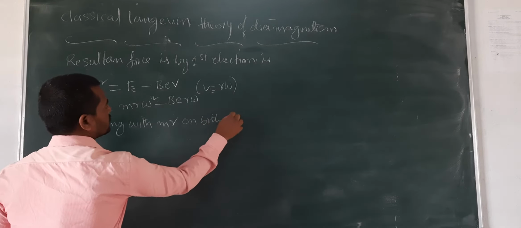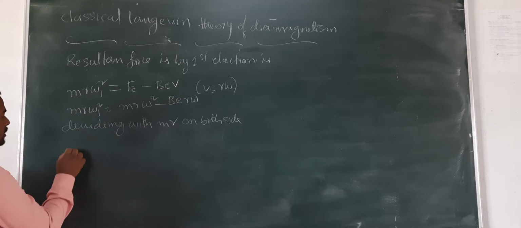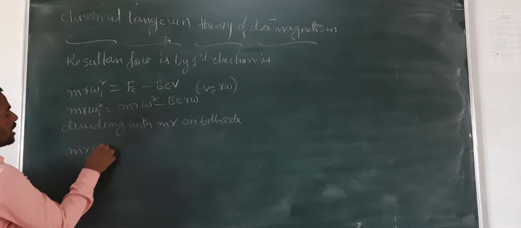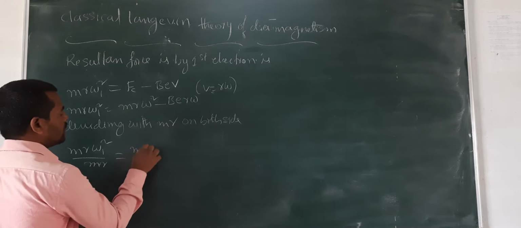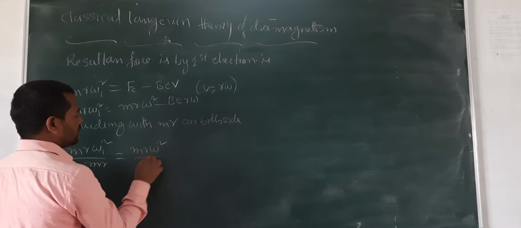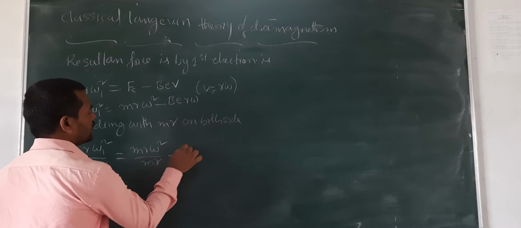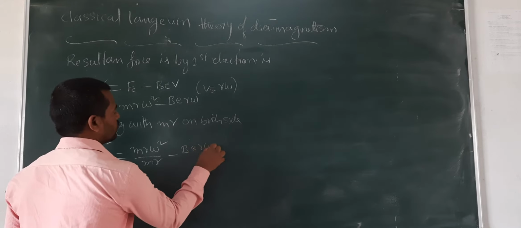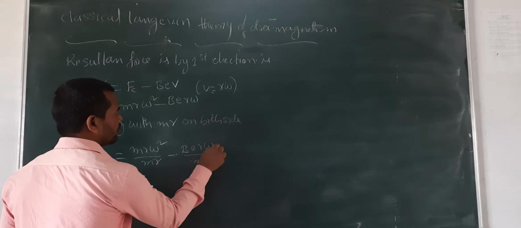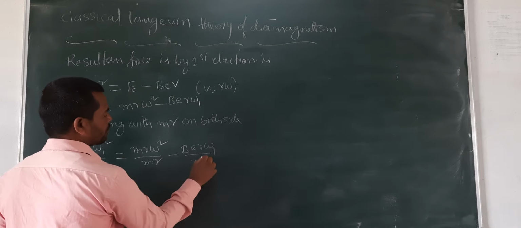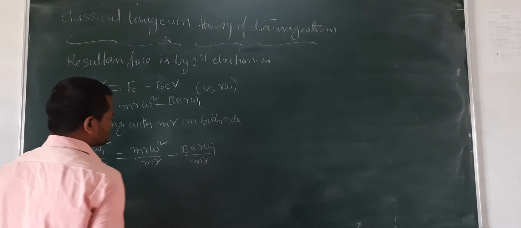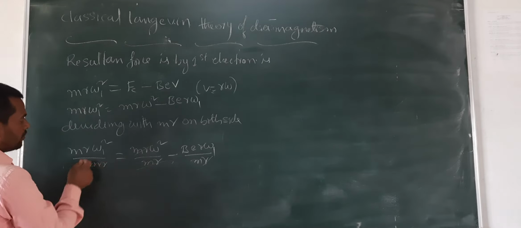So m r omega 1 square by m r equals m r omega square by m r minus B e r omega 1 by m r. The r and m r cancel.